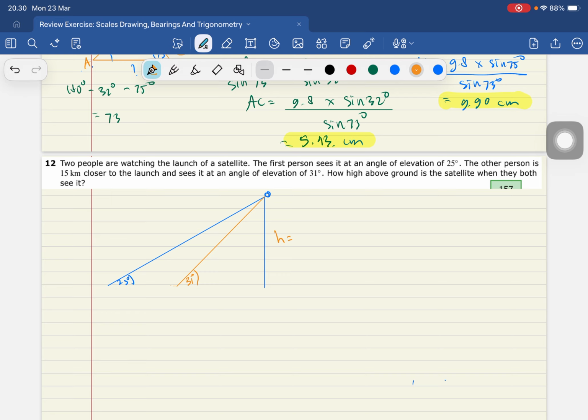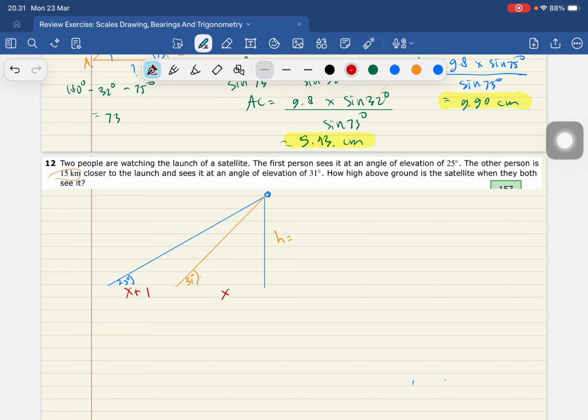The information we've got is that the other person is 15 kilometers closer. So we don't know yet how far the closer person is. Let us make this x. Since the first person is 15 kilometers further, we can make it x plus 15. Okay, we can use trigonometry.